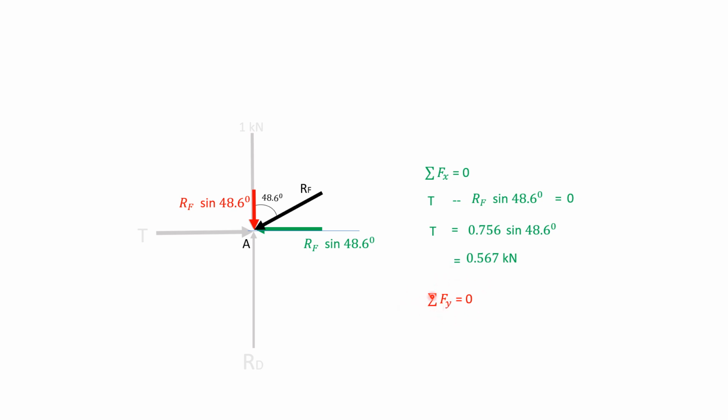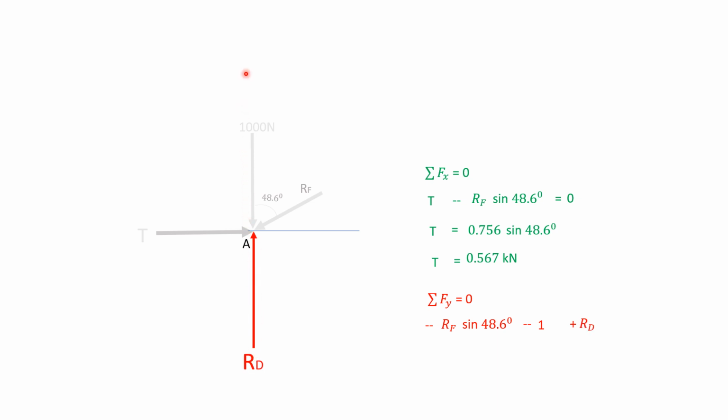Resolving forces vertically, RF sin 48.6 is directed towards the negative y-axis, so minus RF sin 48.6, and this force is directed downwards, so minus 1, plus RD directed towards the positive y-axis equals 0.